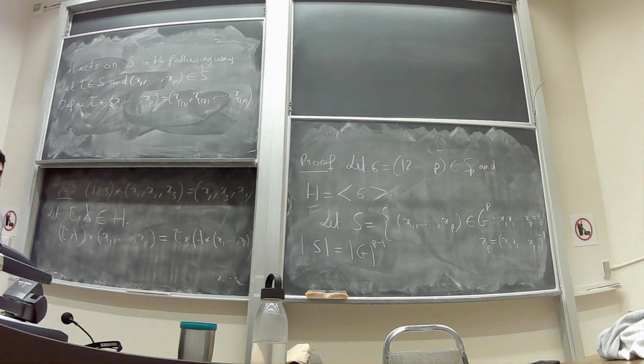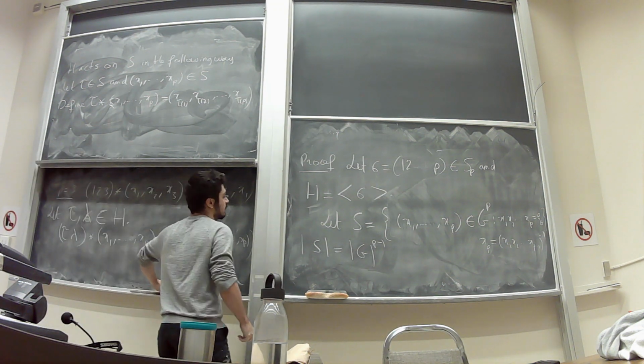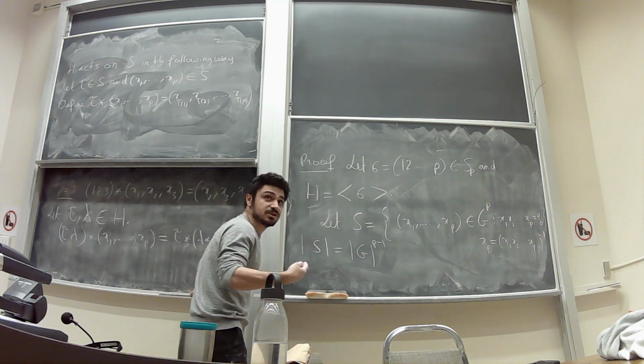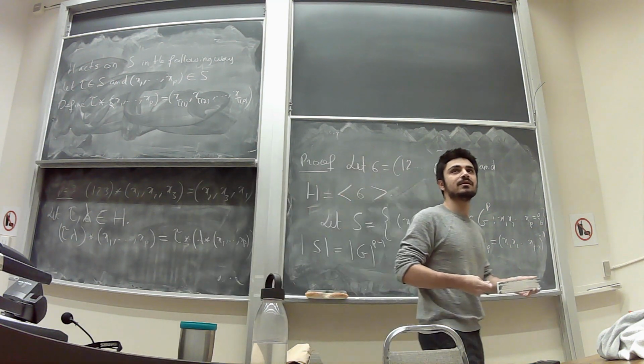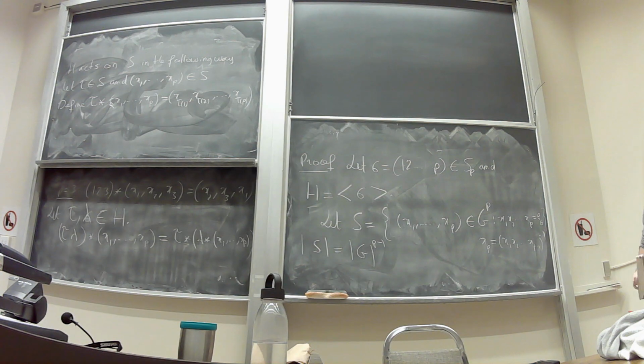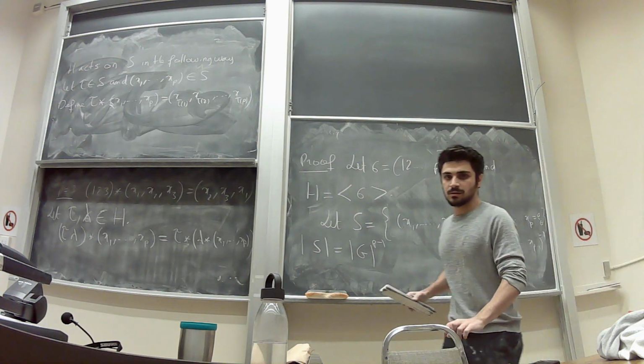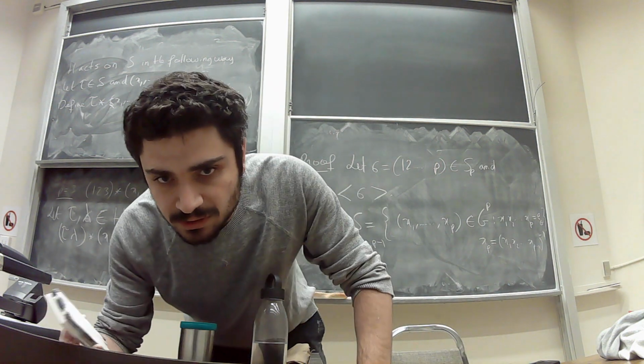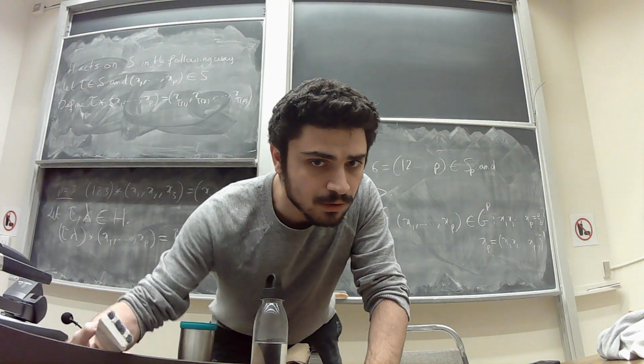This is what I need to show. Well, let's prove that. This is not bad, right? This is just the composition of functions, right? Composition is a group action. Okay.